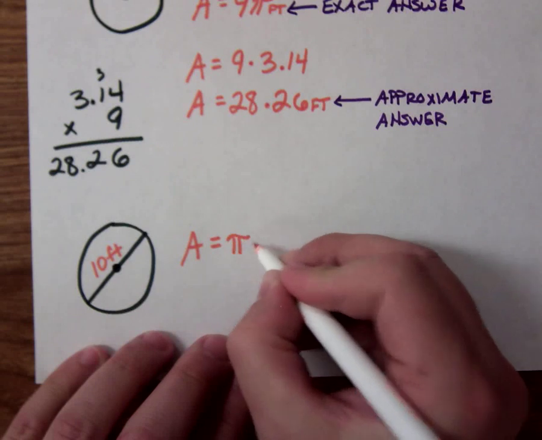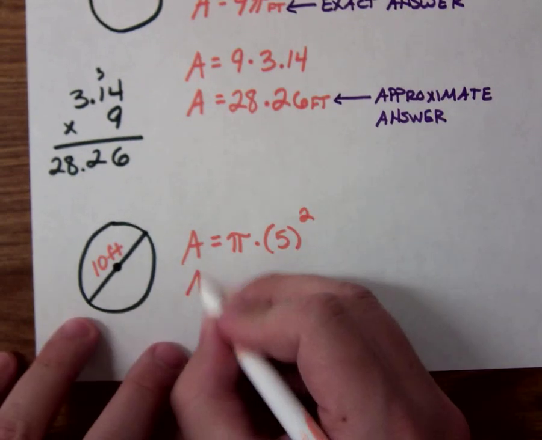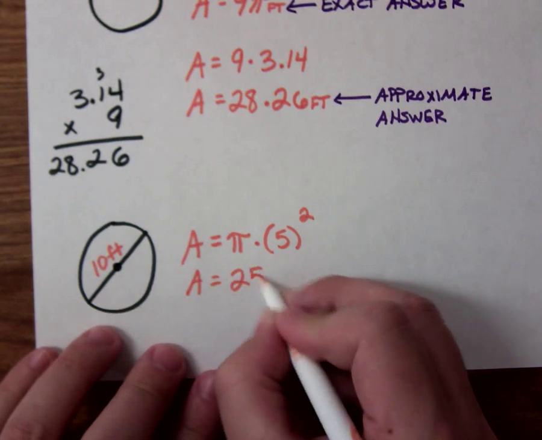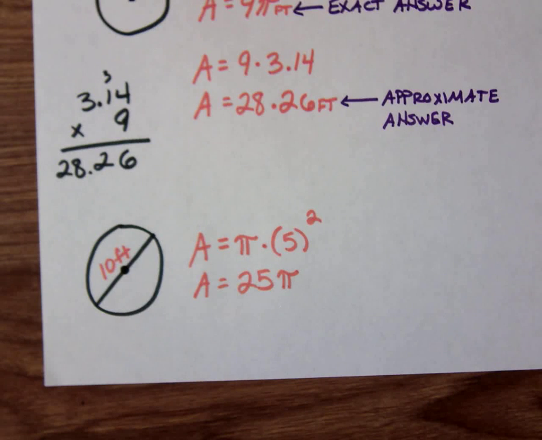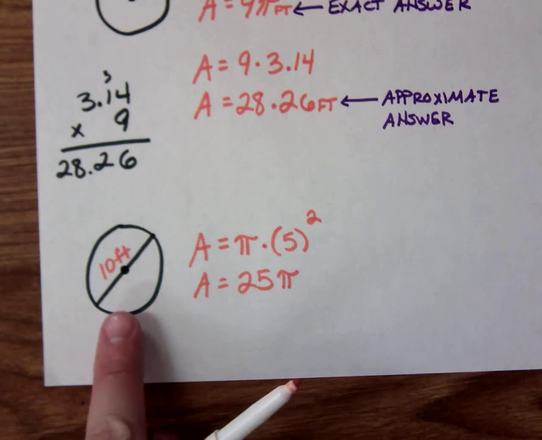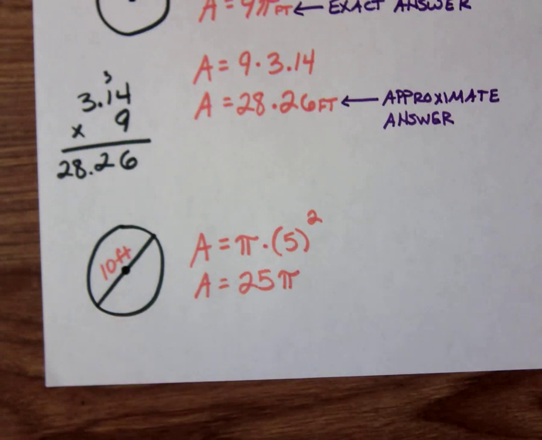So it would be pi times 5 squared. So the exact answer would be 25 pi. If I just took this and multiplied by pi, I would get 10 pi for the answer instead of 25. So squaring is not the same thing as doubling.